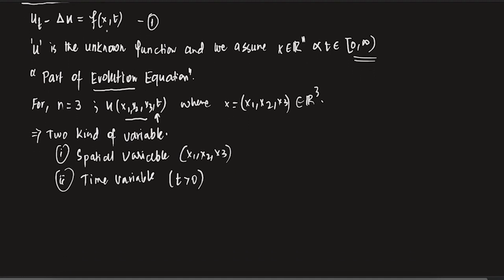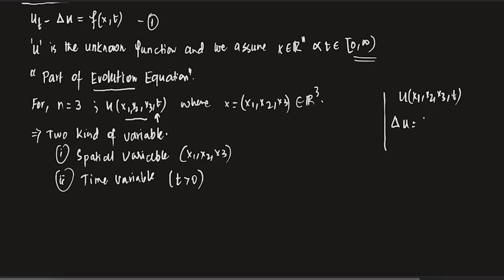Now let us look at this equation. Here ut is the partial derivative of u with respect to t, minus the Laplacian of u. Now u is a function of x1, x2, x3 and t. Generally speaking, if u is a function of x1, x2, x3 and t, what is the Laplacian of u?